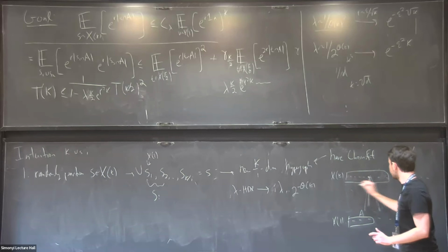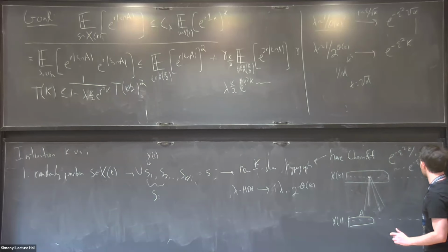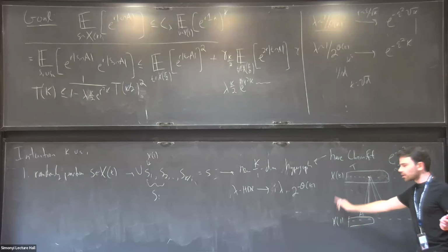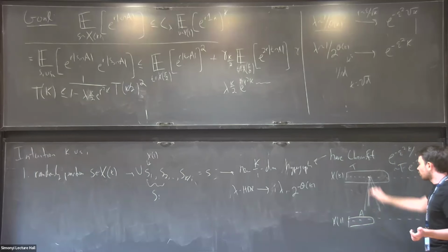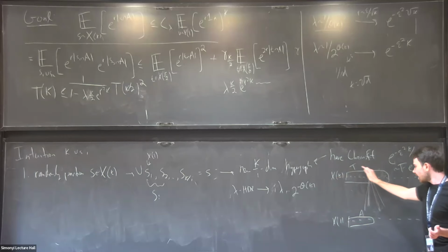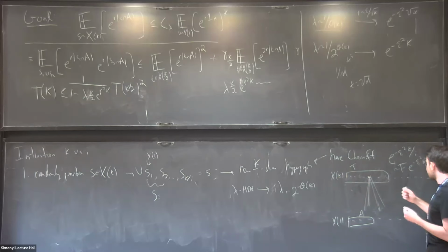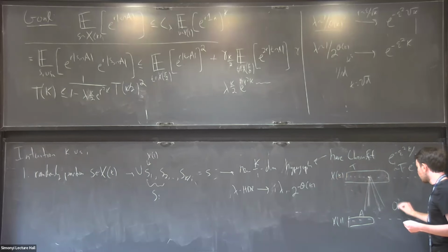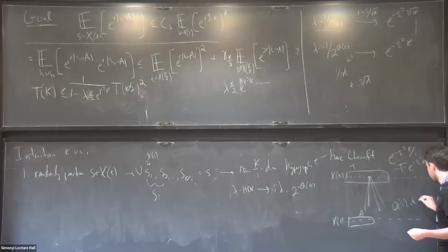Take any set T of density roughly e to the minus epsilon squared k over I, and look at the induced distribution on X_I, where I draw a random element of T instead of a random element of X_k, and then a random neighbor in X_I. Being a sampler, satisfying this e to the minus epsilon squared concentration, is up to some small factors almost exactly the same as saying that for all possible sets T, this resulting distribution will be within O of epsilon of uniform over X_I in total variation distance.